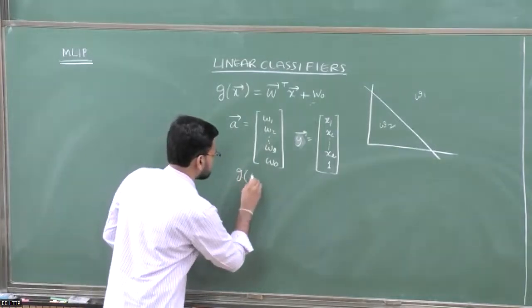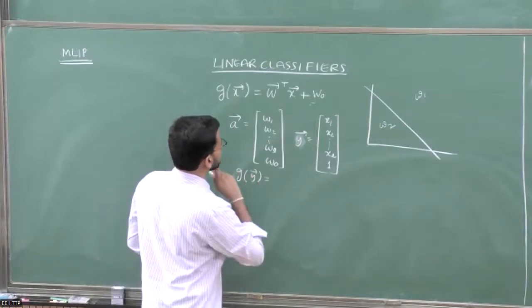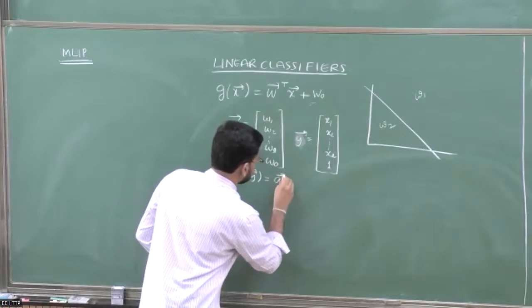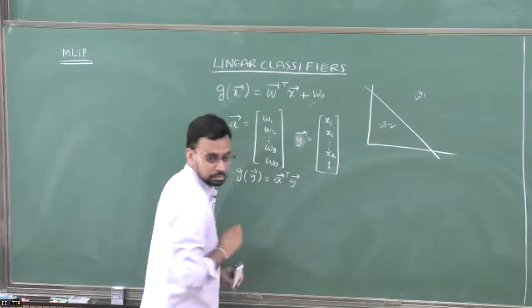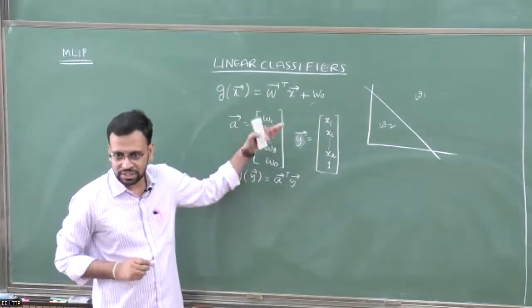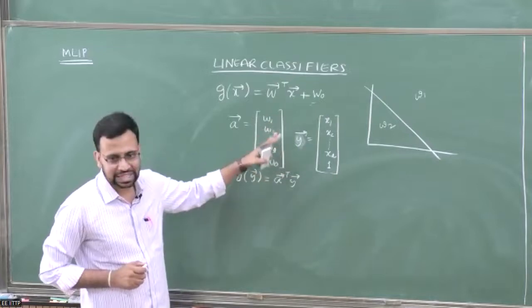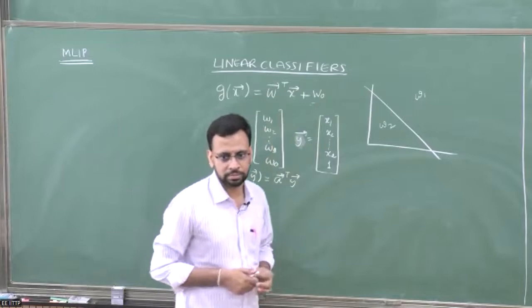G of y bar is equal to A bar transpose times y bar. Correct? Can you comment on that or tell me what exactly have we done here, in terms of vector space?